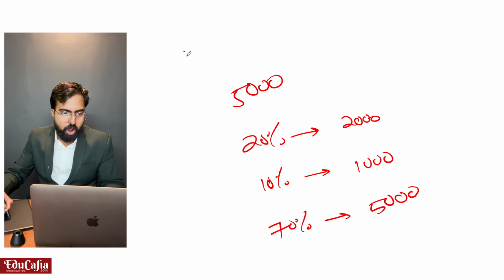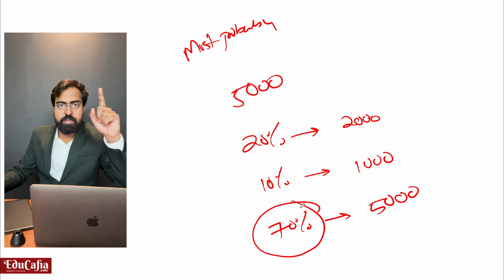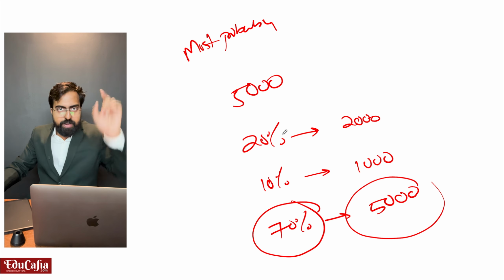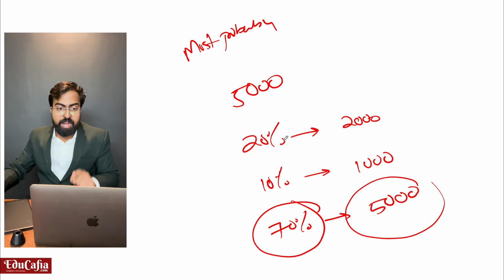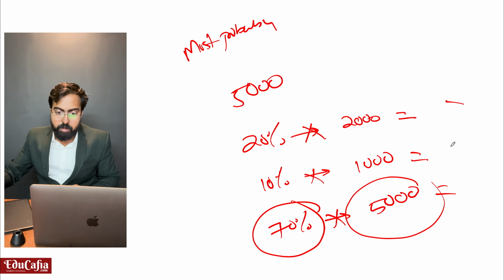In the most likely method, two methods are there, the most likely being 70%. In this, I can consider that I will give a 5,000 discount. If it is not a most likely case, I have to calculate the weighted average: 20% of 2,000, 10% of 1,000, 70% of 5,000, and some amount I will get, right?